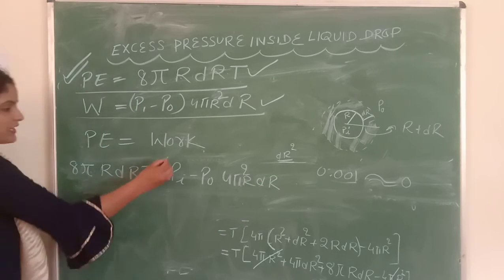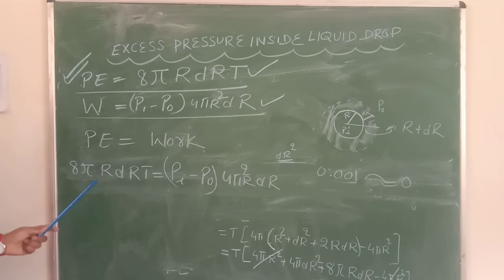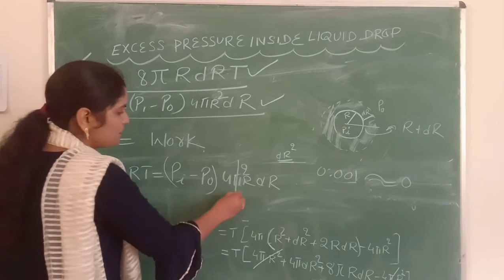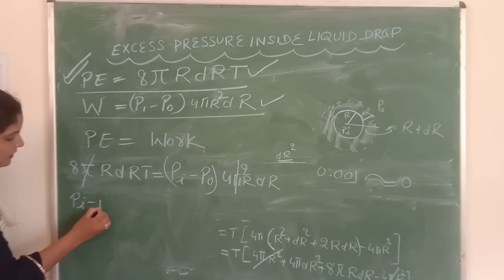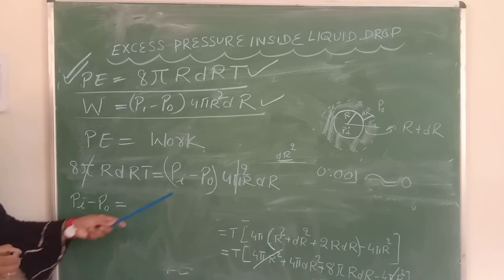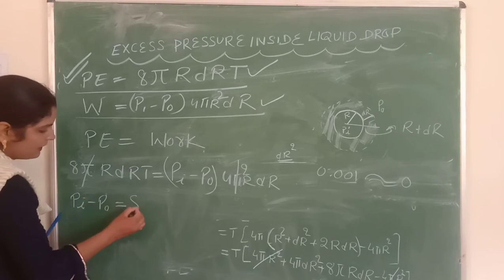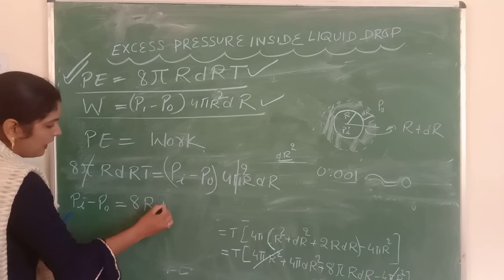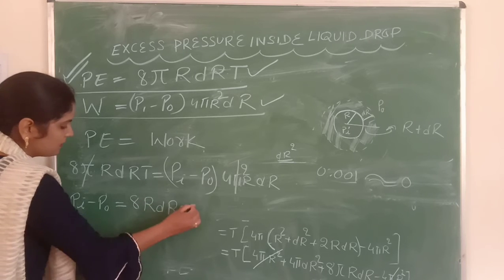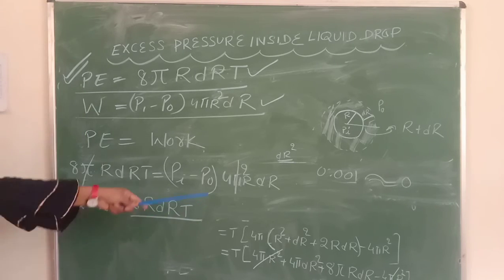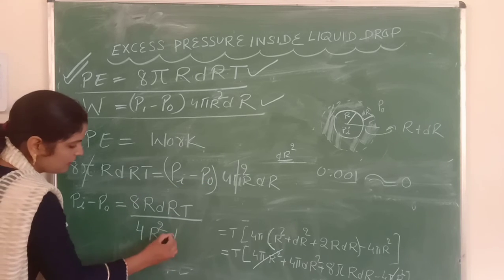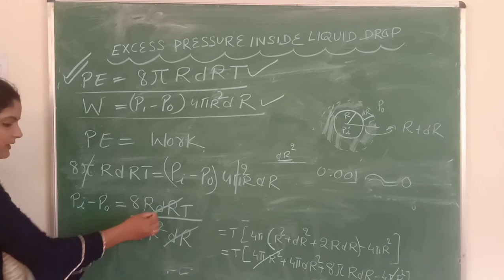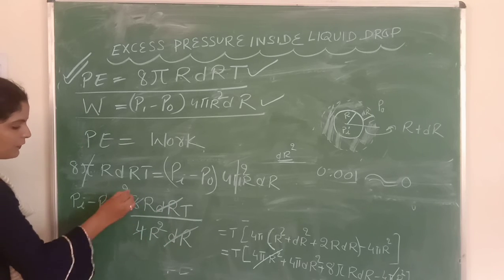Cancel the terms which can be cancelled. So you can see here pi and pi will cancel. The rest I will take in the denominator, Pi minus Po, this term. So here I have 8 r dr T upon 4 r square dr. dr and dr will cancel out. 4 ones are 4, 4 twos are 8.